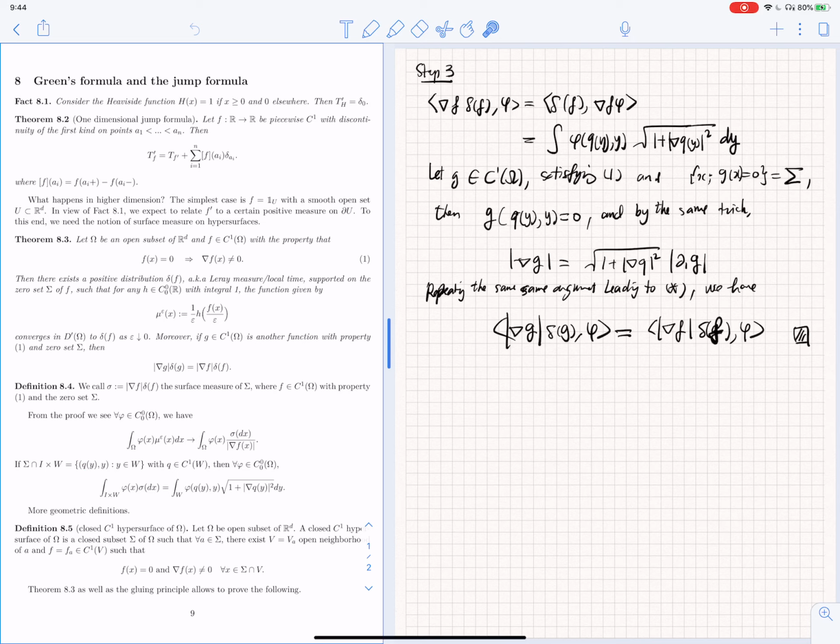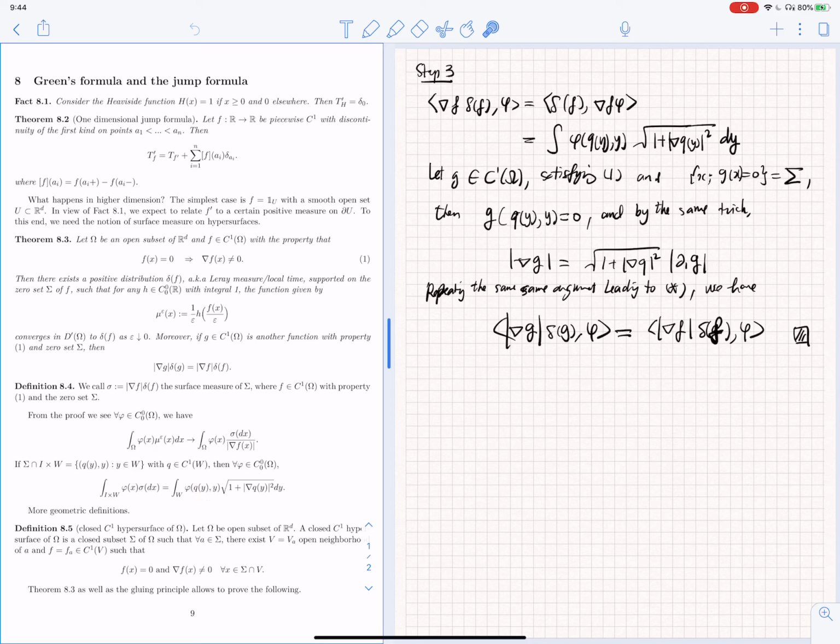Then we can just integrate the second variable with respect to the Lebesgue measure on a d-1 dimensional space by using the q function that we have. So this is universal, corresponding to the set sigma.